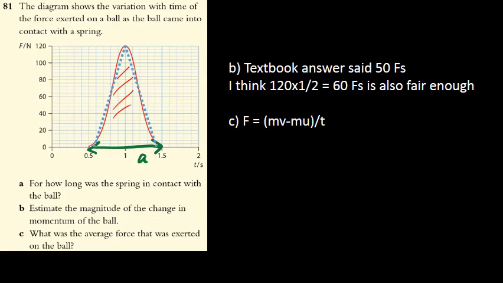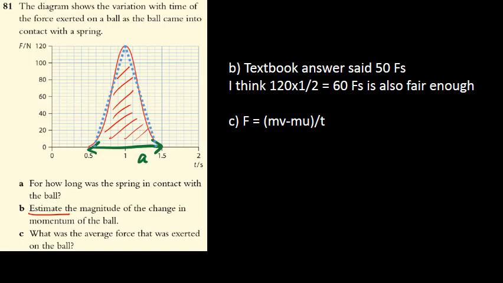You look at the area under the graph. Unfortunately, it's a curve, not a straight line, so you can't really calculate it directly. That's why it says estimation here. I would say you may use a triangle to estimate, and the textbook says the answer is 50 units, which is 50.